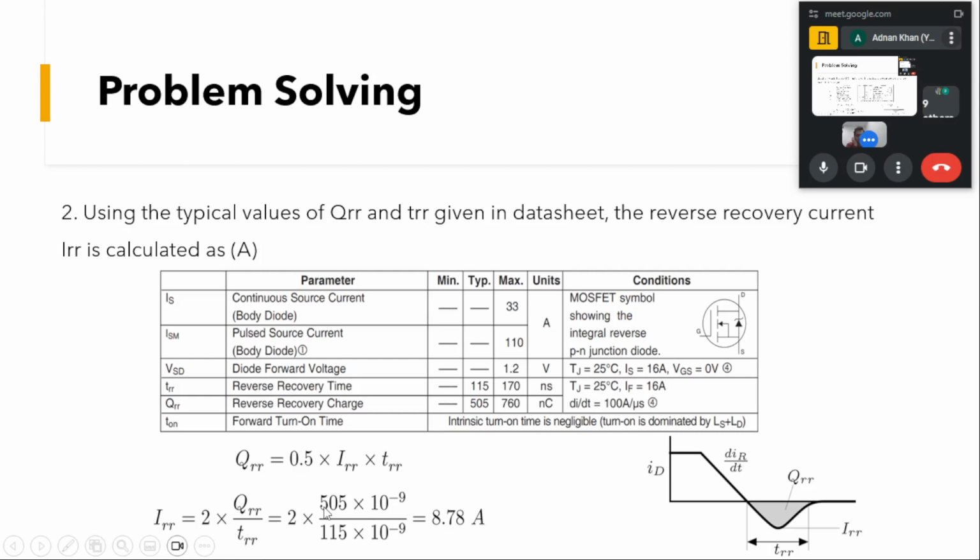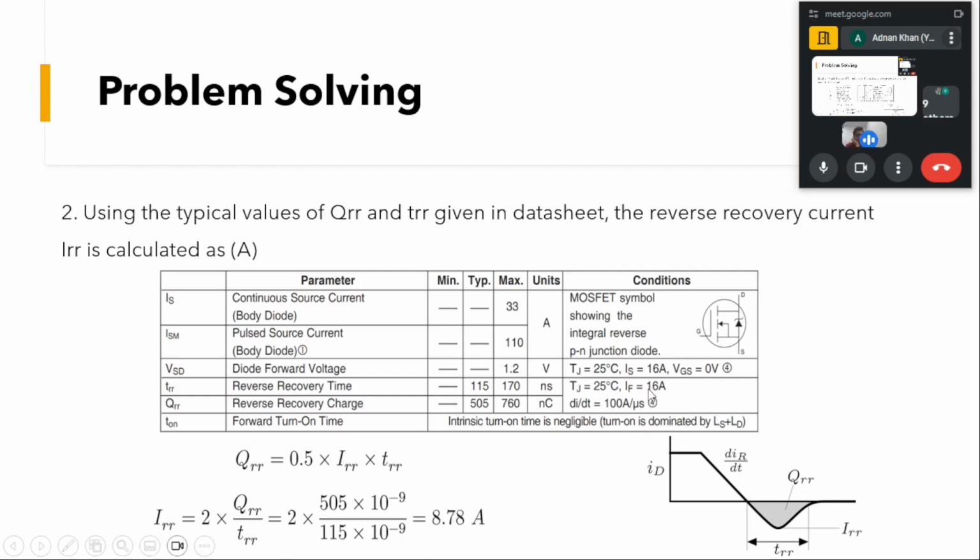So we have QRR as 505 nanocoulombs, and TRR as 115 times 10 raised to the power minus 9 seconds, that is 115 nanoseconds. If we do the calculation, IRR comes out to be 8.78 amps.